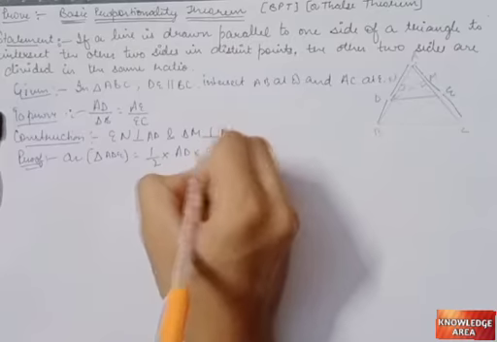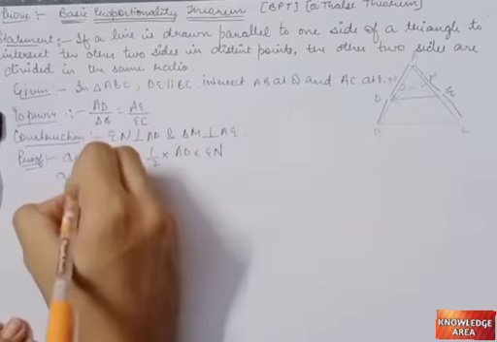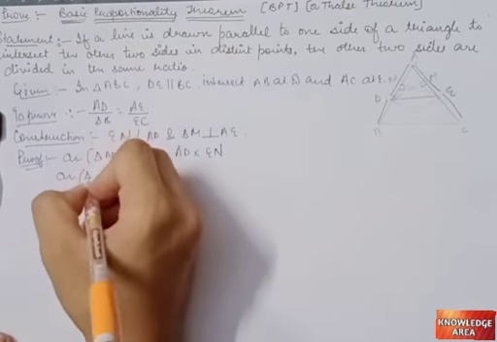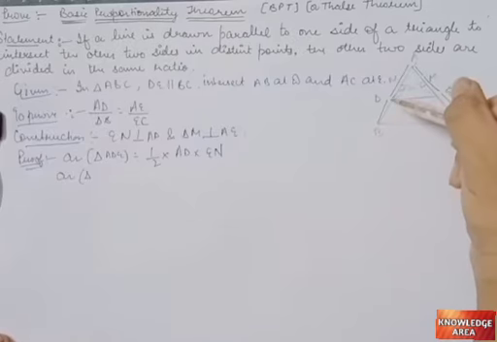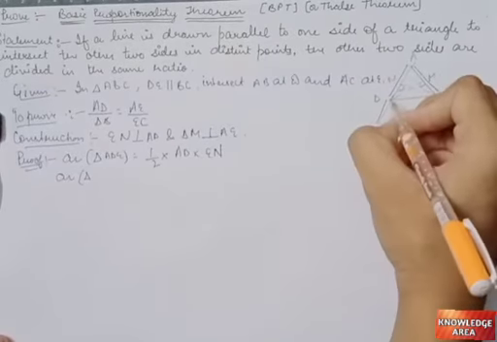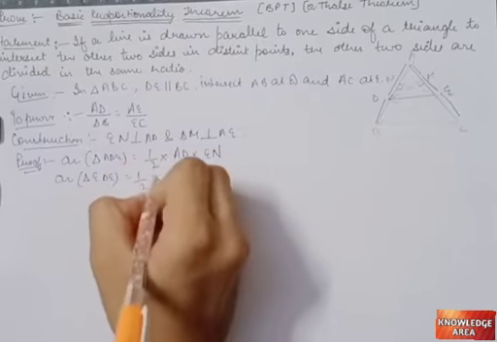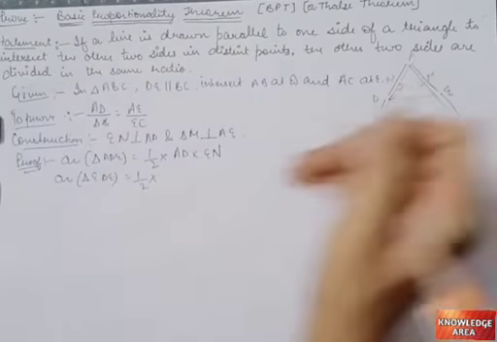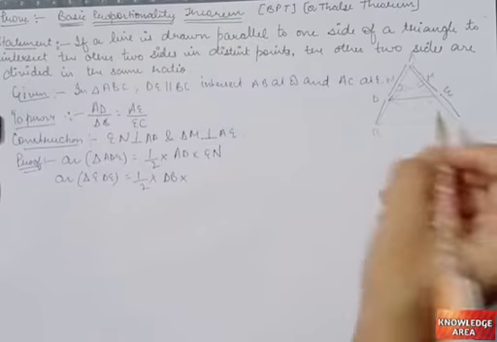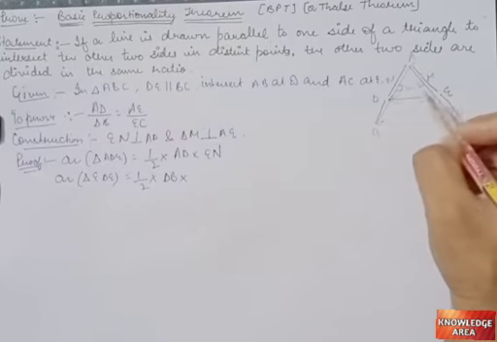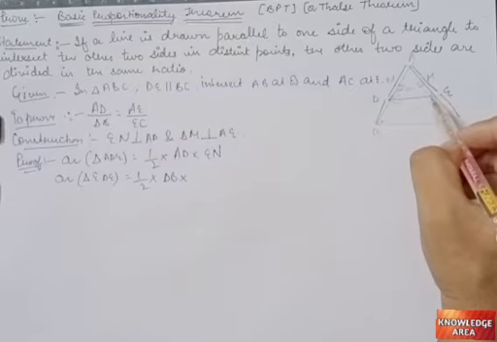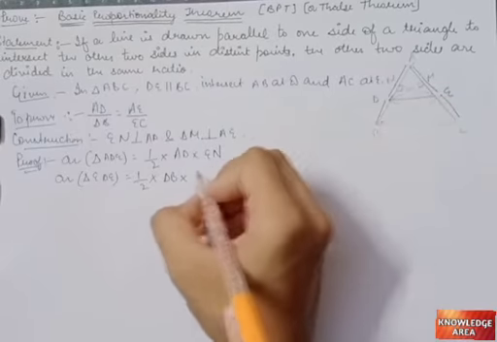The next triangle we will take is triangle BDE, which is equal to half into DB. Now here look at EN, if we extend this triangle then EN is exactly perpendicular. So we will take height EN. So this is our equation 1 and this one is 2.